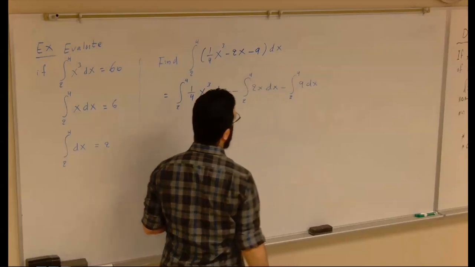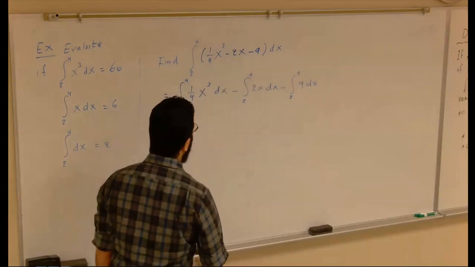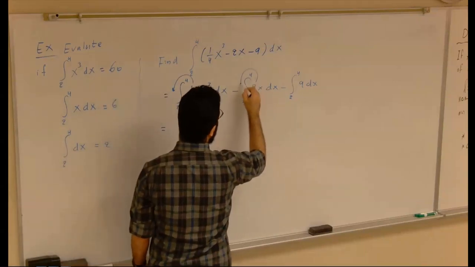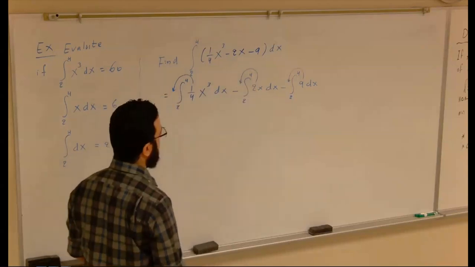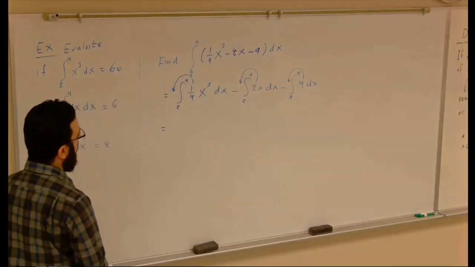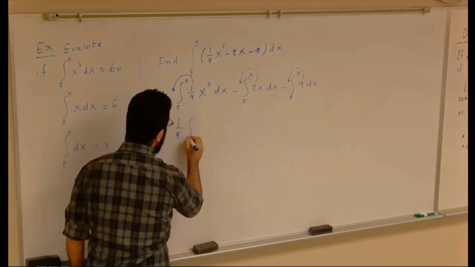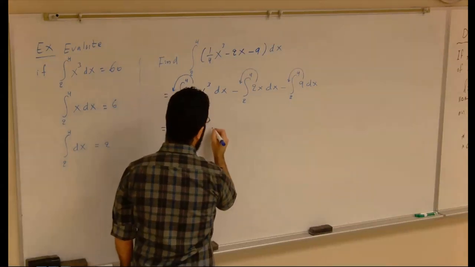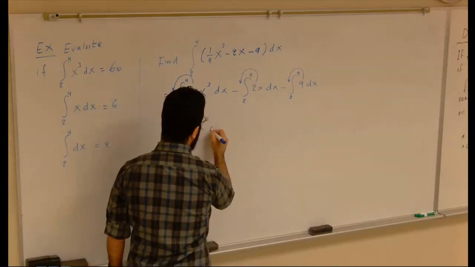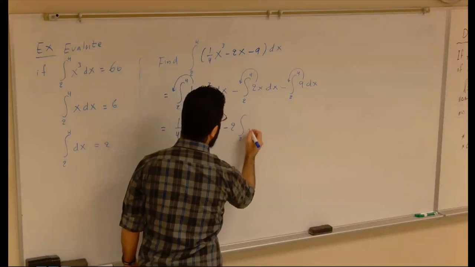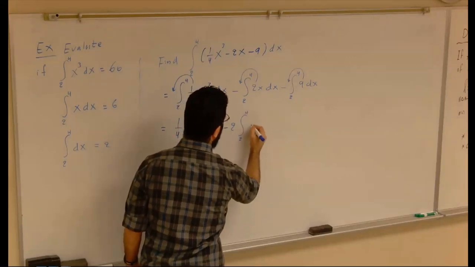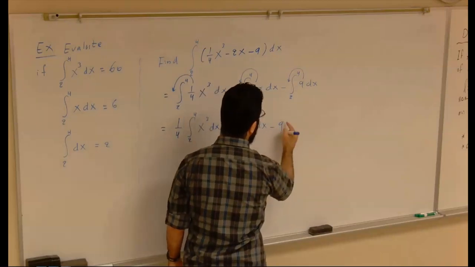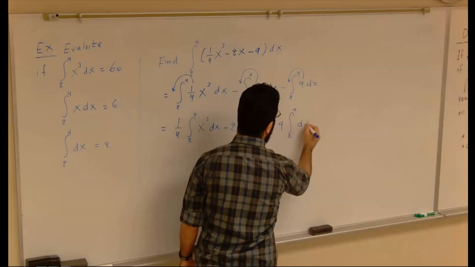The next step, I can take the 1/4 out of the integral, the same thing for the 2, and the same thing for the 9. So it's going to be 1/4 times the integral from 2 to 4 of x cubed dx, minus 2 times the integral from 2 to 4 of x dx, and minus 9 times the integral from 2 to 4 of just dx.